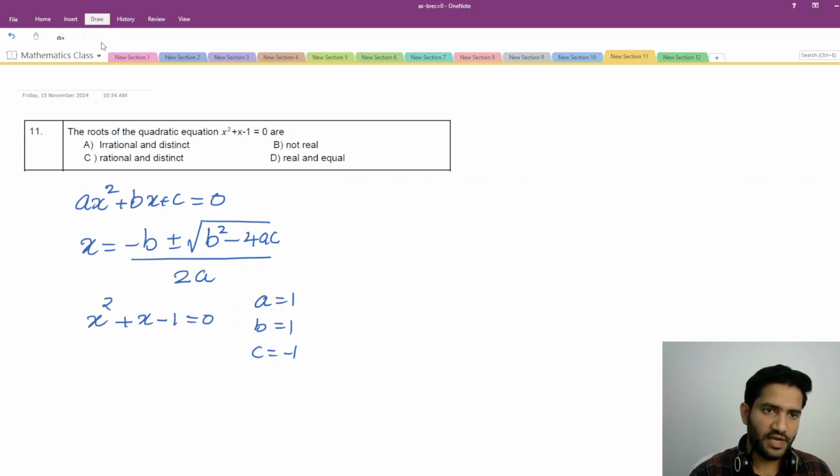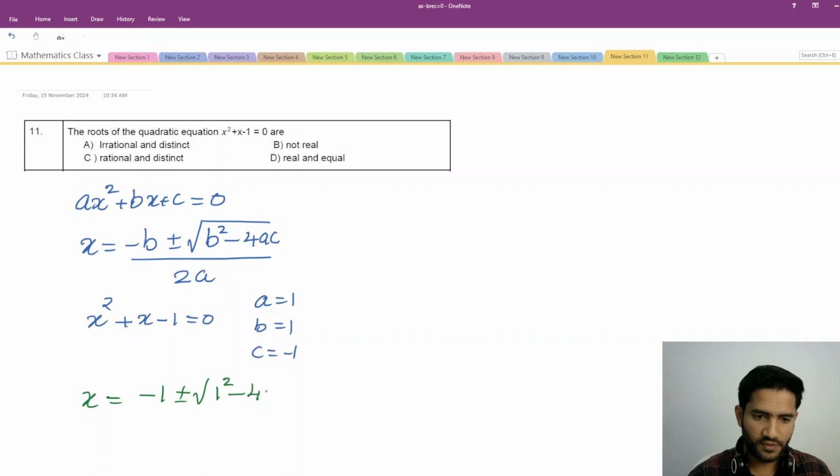So we can find the value of x. x equals minus b plus or minus root of b square minus 4ac, so 1 square minus 4ac, whole divided by 2a. 2a means 2 into 1.